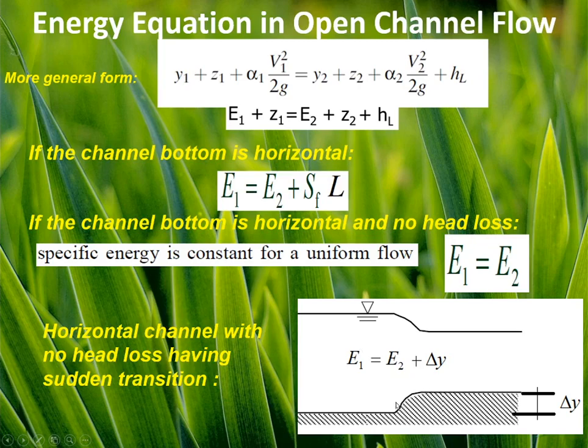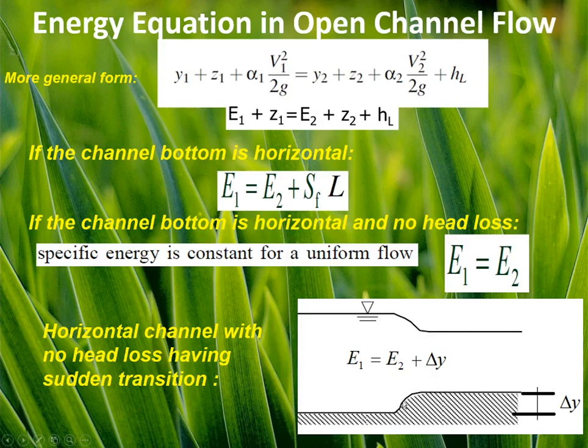So as a result of this increase, what we expect? We expect that we have a rapidly varied flow. Here we assume that we have a rapid drop on water surface.